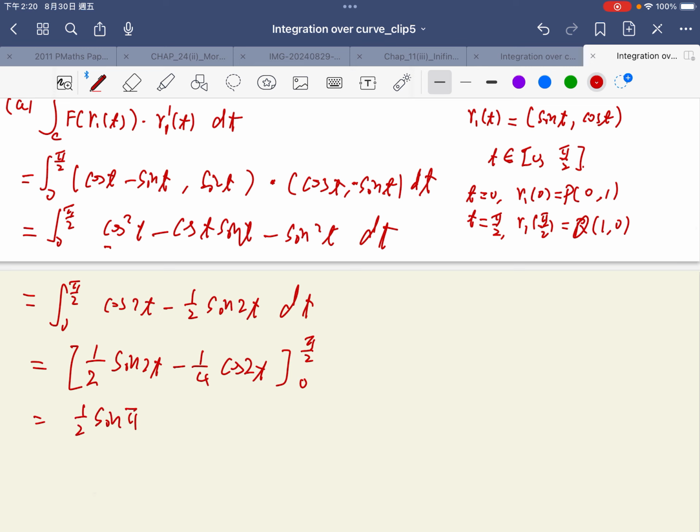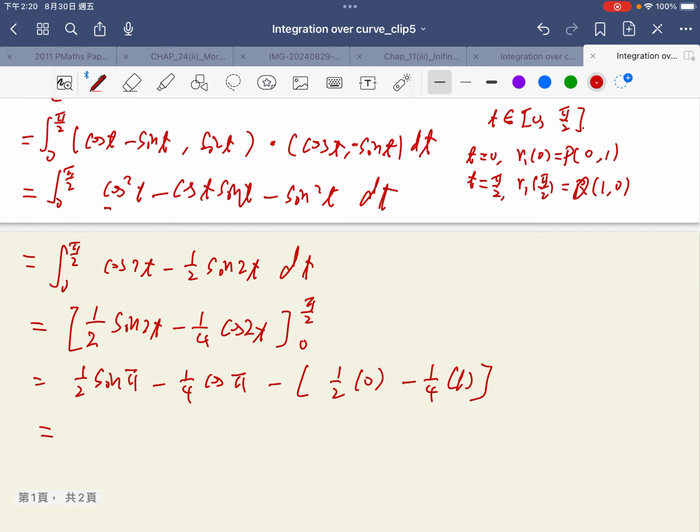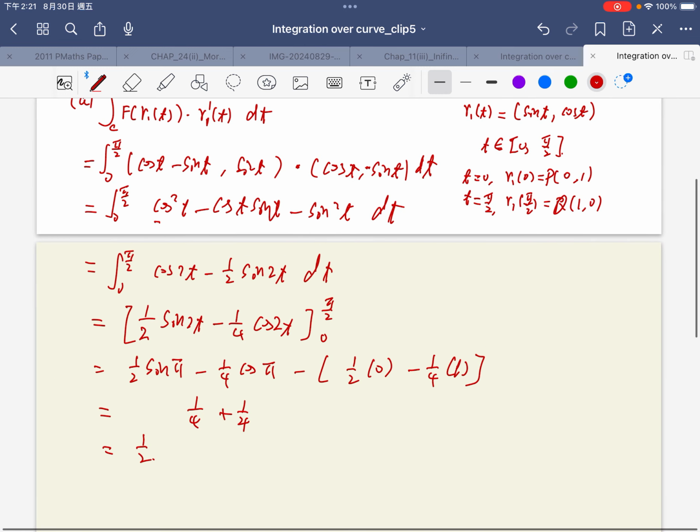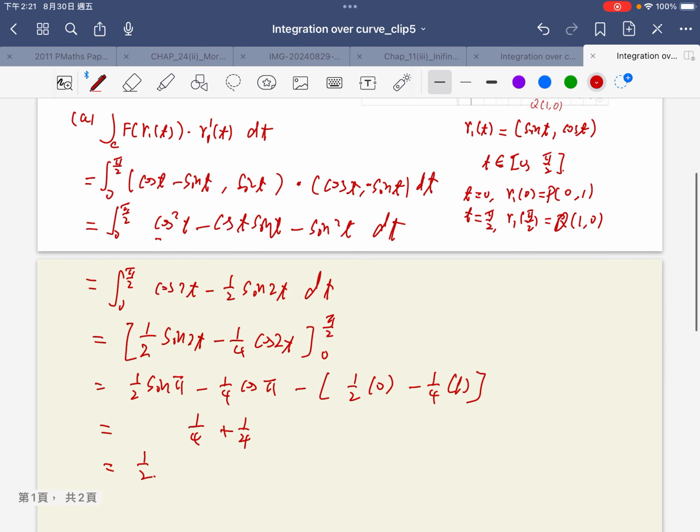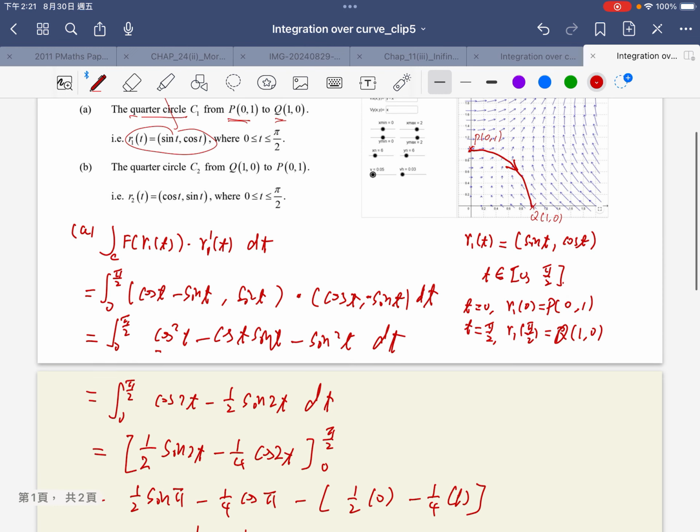Put the values into the function: 1 over 2 sine pi minus 1 over 4 cosine pi minus 1 over 2 sine 0 minus 1 over 4. Sine pi is 0, cosine pi is minus 1, this is 1 over 4, plus 1 over 4, this is 1 over 2. Please remember this.